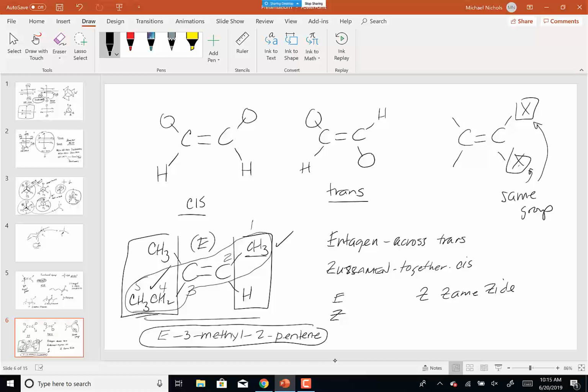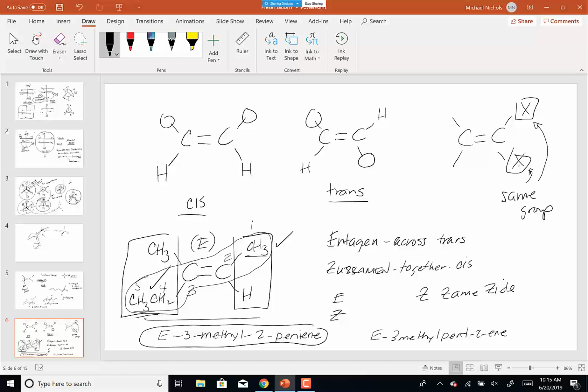And actually, there's an old IUPAC system and a new IUPAC system for where the number goes relative to the ene. So I would accept E-3-methyl-2-pentene. The IUPAC purists would call this E-3-methyl-pent-2-ene.